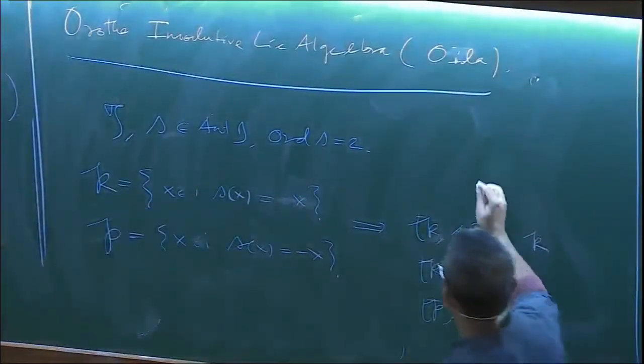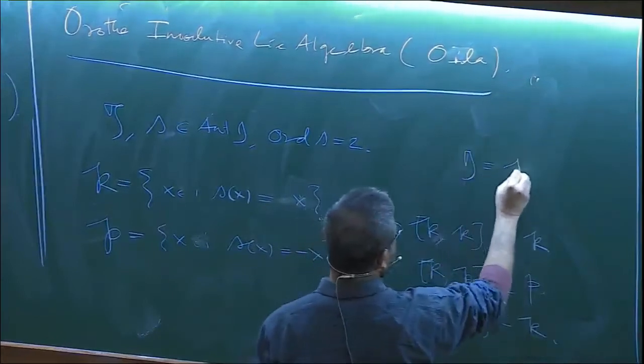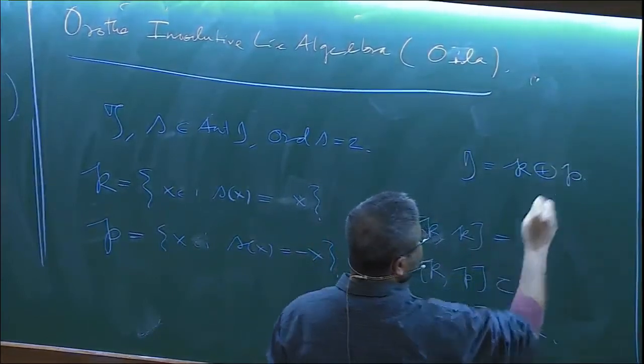And of course, g is the direct sum of K plus P.